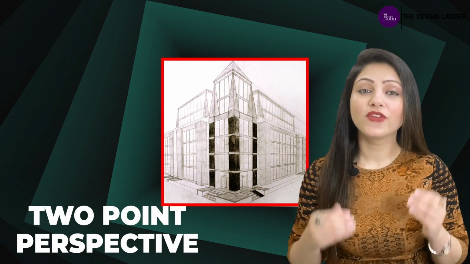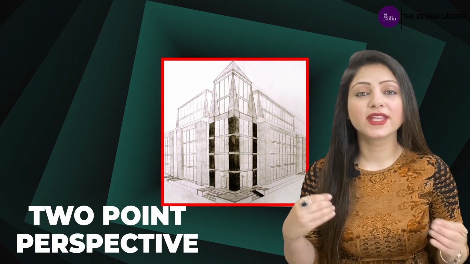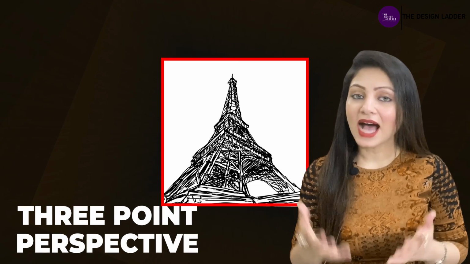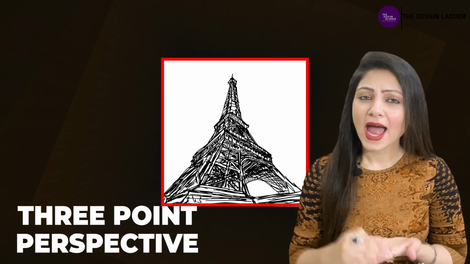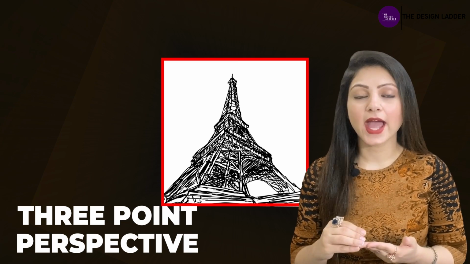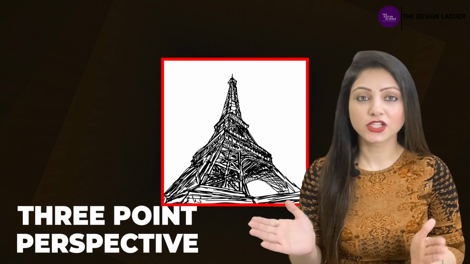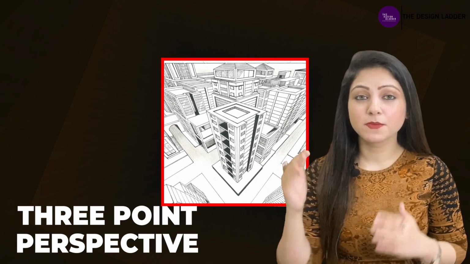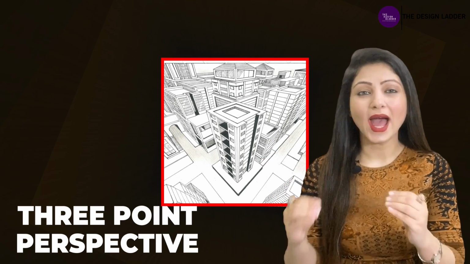When we are trying to show various sides of the building or various street corners, 3-point perspective is only used when you are asked to imagine the scene from an ant's eye view or a worm's eye view, meaning from a very low lying angle you are trying to view a very large thing, or from a bird's eye view. That means you are very high up in the space and looking at something that is angled steeply down.